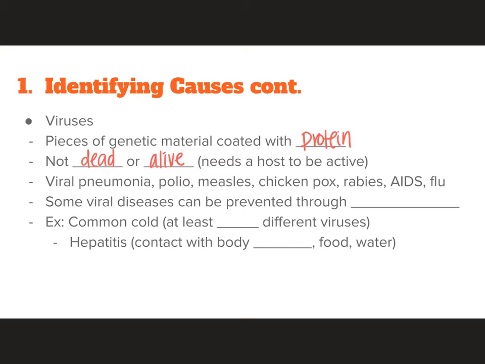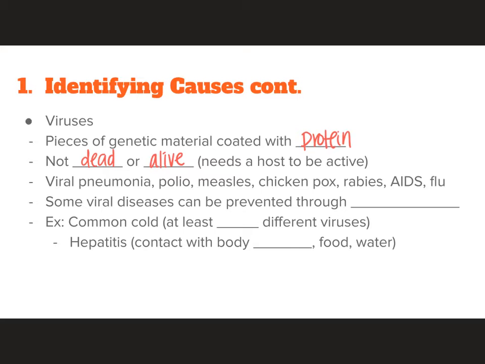They're not alive, but they do need a host to be active. If they don't have a host, if they're just on the surface of a material or an object, they're going to be inactive. And when they transfer to other people or their host, they're going to start activating themselves, and they're going to work against your body.